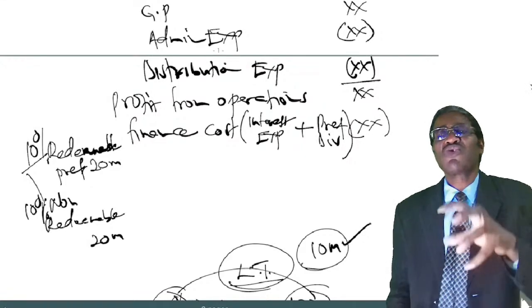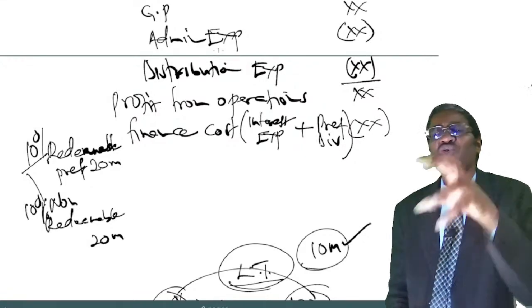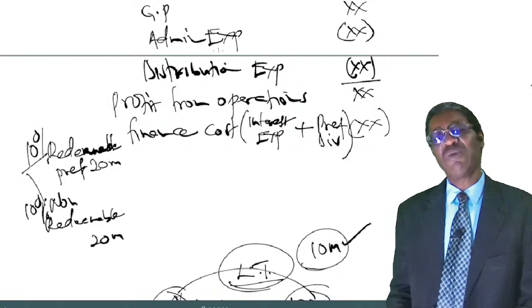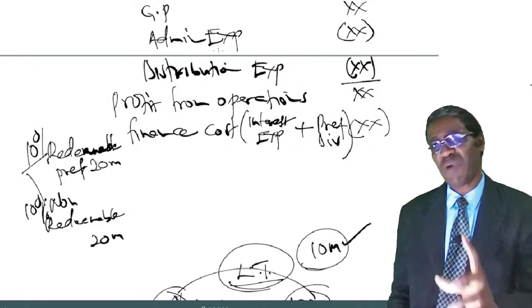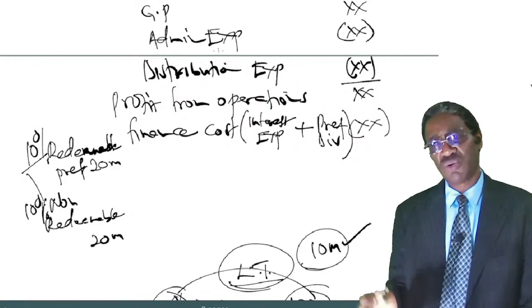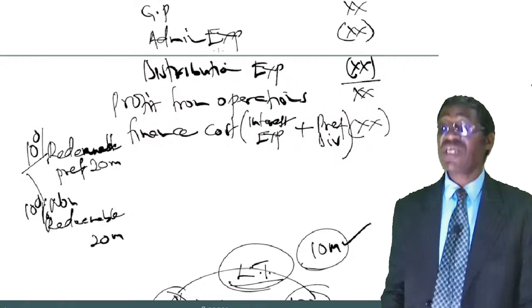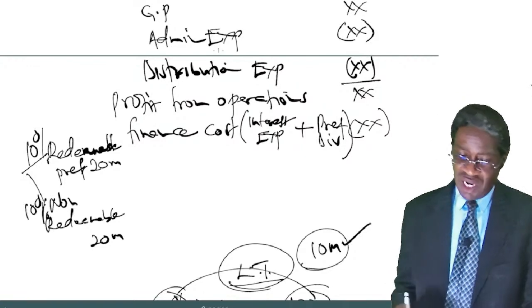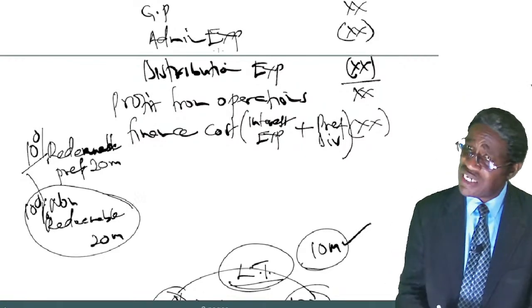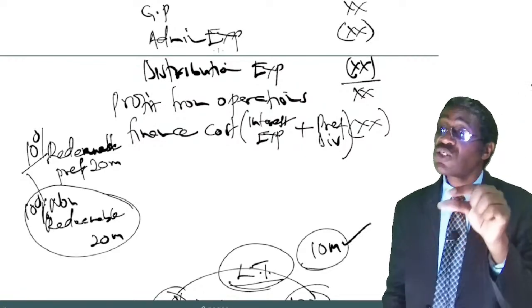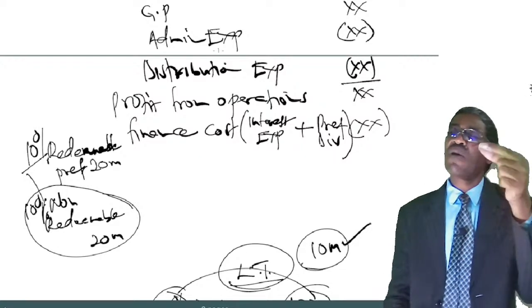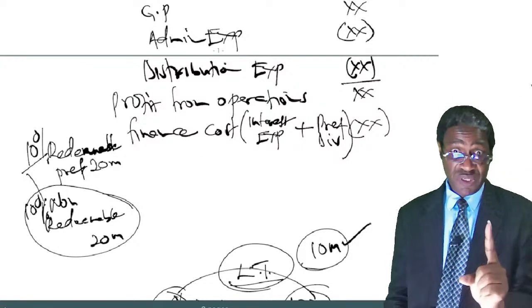Why? Because you incur a cost of borrowing. This redeemable is borrowed. You will pay back. So the cost of borrowing should be classified as a finance cost. I also said, if it's non-redeemable, then you consider that dividend as an appropriation of profit.